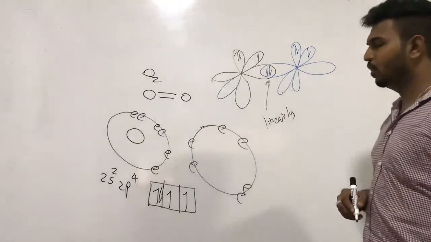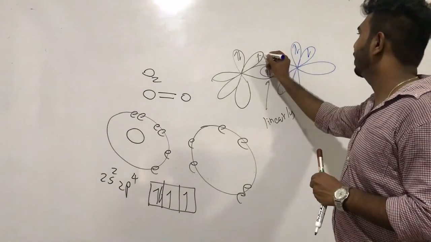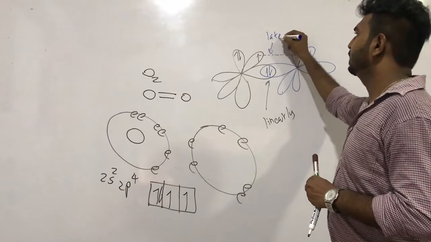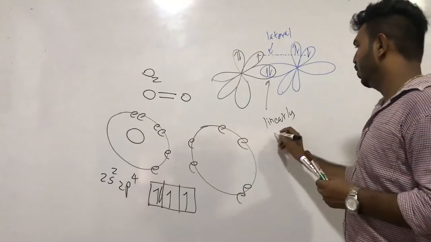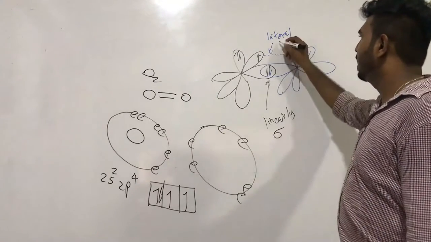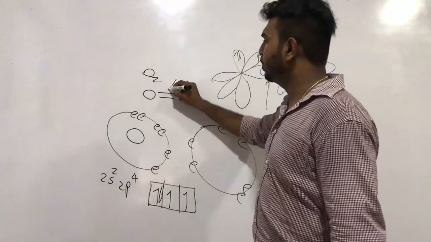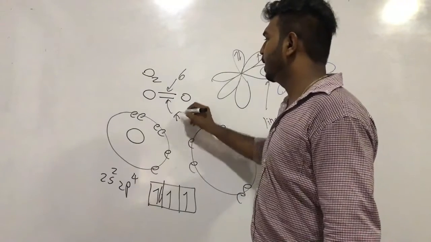This is linear overlapping, and these unpaired electrons will be laterally overlapped. This is lateral overlapping. So there is 1 sigma bond and 1 pi bond. So in the oxygen molecule, there is a sigma bond and a pi bond.